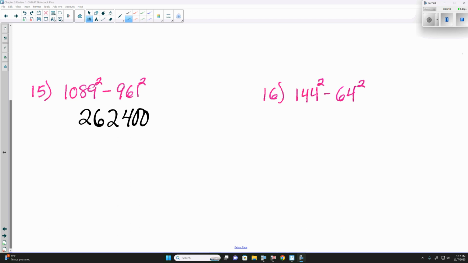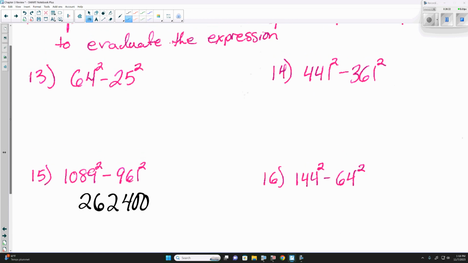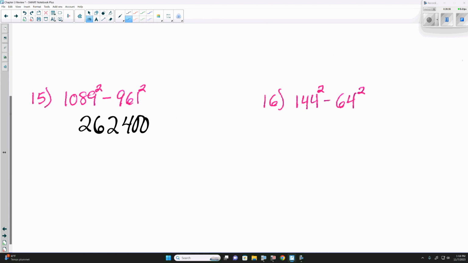Okay. Yeah. Enter in the calculator. I really hope y'all don't get these wrong, because again, I put a note somewhere, we're just plugging these in and letting the calculator do it for us. So the one that we did, we got 262,400. Any other questions on 13 through 16?